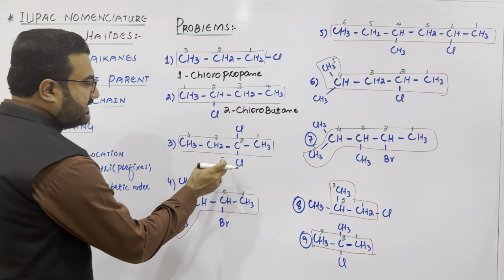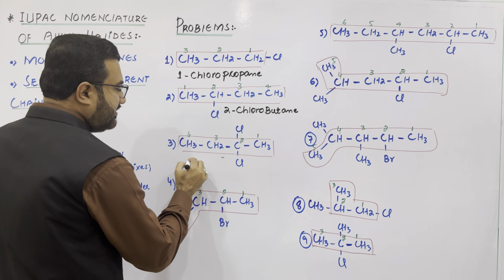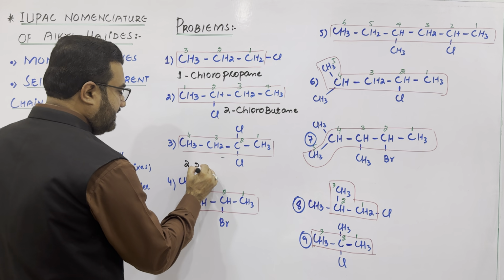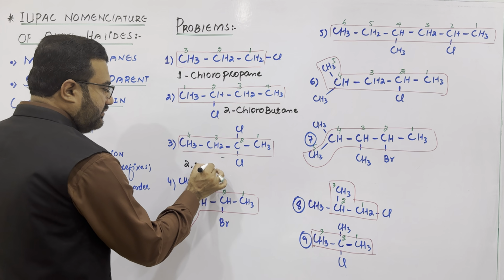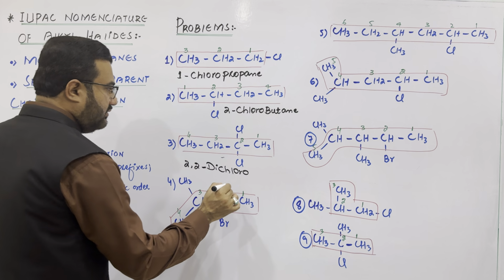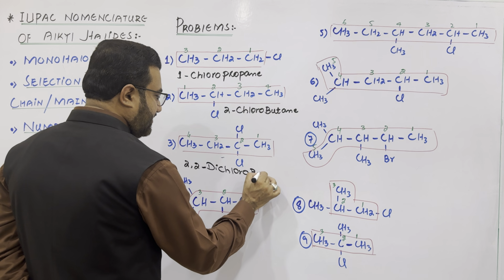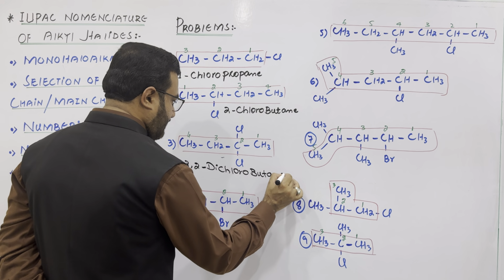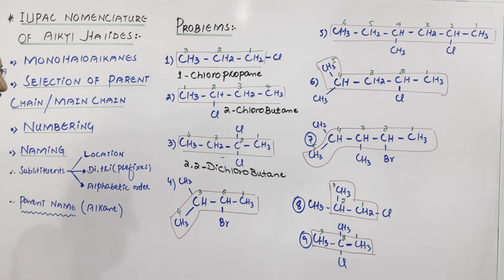Now, in this case, there are two halo groups on the same carbon, so its number will be repeated twice. 2, 2, and there are two chloro, so we will write dichloro, and there are four carbon atoms in the parent chain, so that will be butane. 2,2-dichlorobutane.